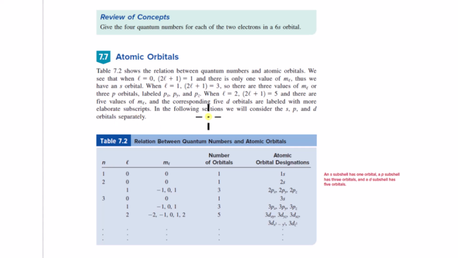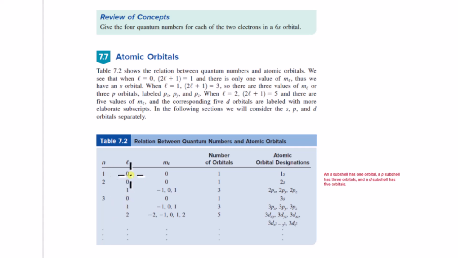So now we're going to take a closer look at the s, p, and d orbitals to get a sense for orbitals. But if we look in this table here, n is equal to 1, which means there's only L is equal to 0. When n is equal to 2, you have 2 minus 1 is 1, so you have 0 and 1. When n is equal to 3, you have 3 minus 1 is 2, so you have 0, 1, and 2 for L. That's the whole shells.